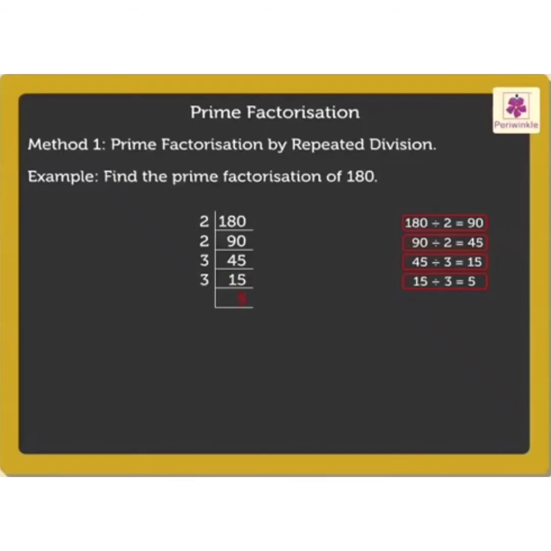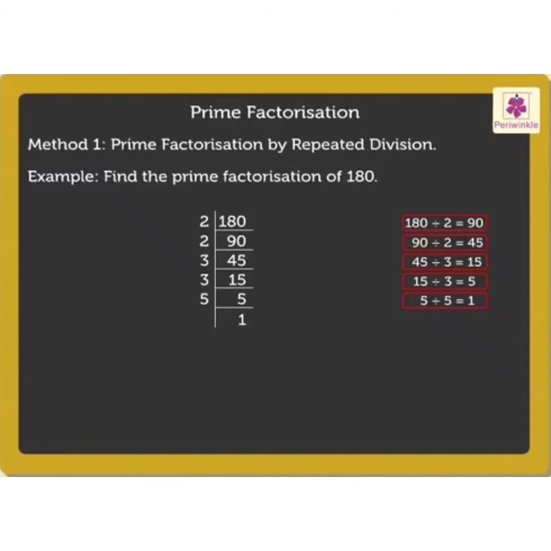Now we have 5 as the dividend. It is itself a prime number. So, lastly, on dividing 5 by 5, we get 1. Write the 1 below the 5. Now we have 1 as a quotient.